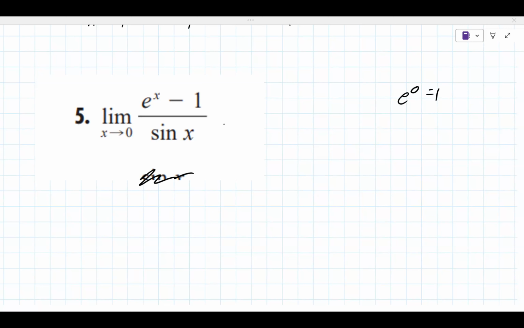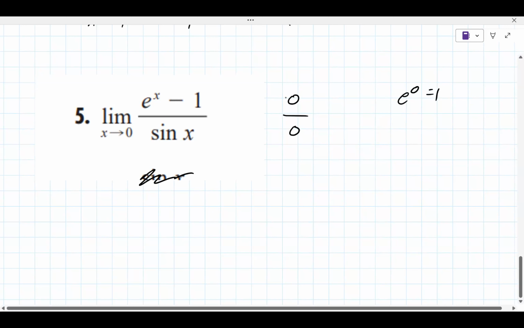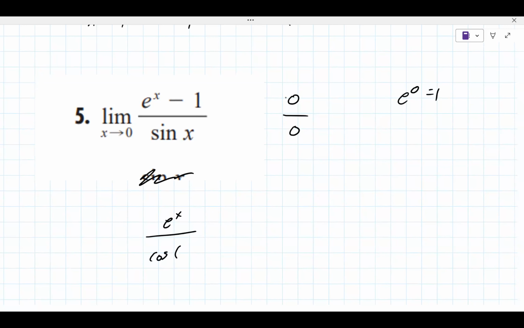That's your final answer? I think so, yeah. Okay, so 0 over 0. So then your derivative is e to the x over cosine x. What is e to the 0? Wait, I didn't take the derivative. I literally just plugged 0 in. Don't you get 1 minus 1 on top, though? Oh, never mind. I did that wrong. Try that again. Oh, I get 1 over 1 anyways. Okay.